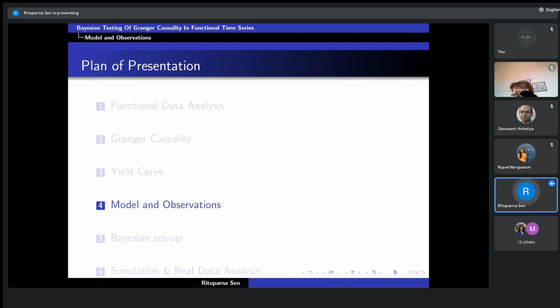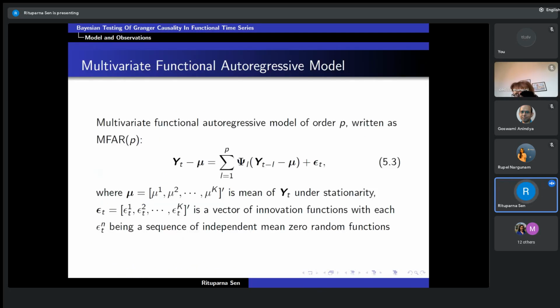So now I go to the main thing in this paper, that we want to have a Granger causality test for functional data. So we have multivariate functional AR models. So the multivariate is because we are having multiple functions.